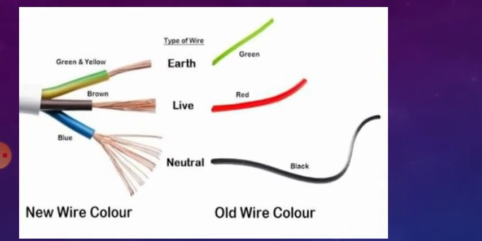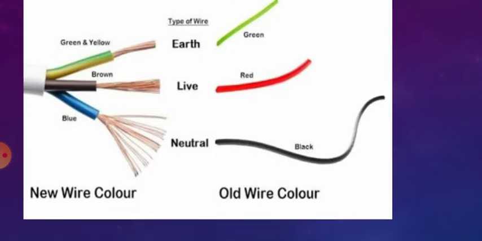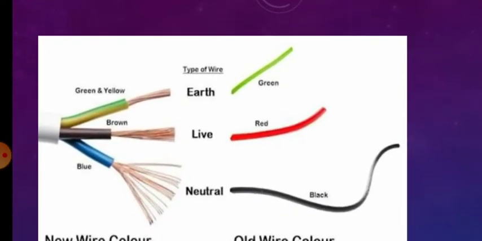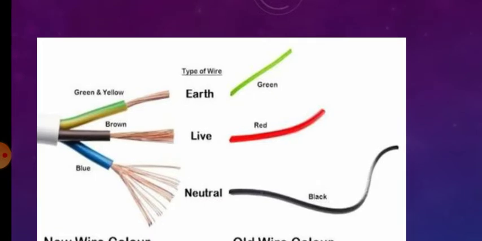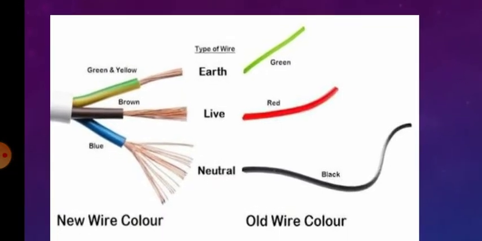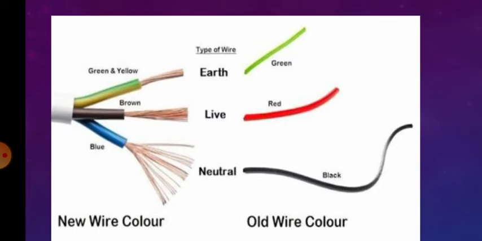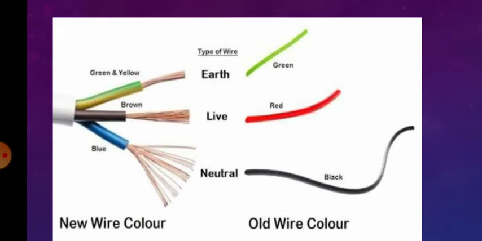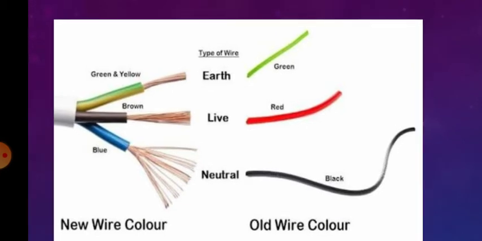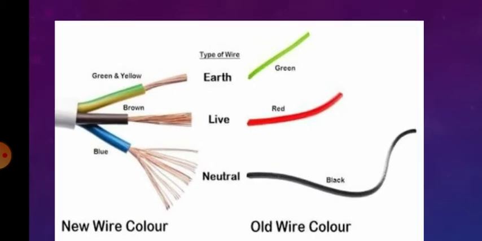The old wire colors were: the neutral wire was black, live wire was red, and earthing wire was green. Nowadays a new wire color scheme is used: green and yellow wire for the earthing wire, brown for the live wire, and blue for the neutral wire.